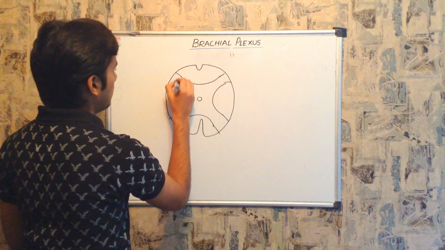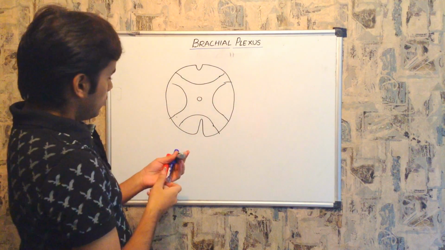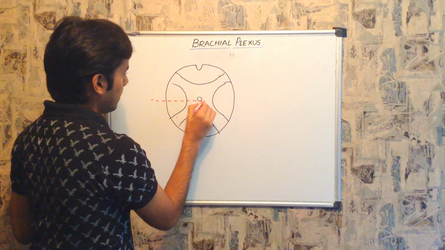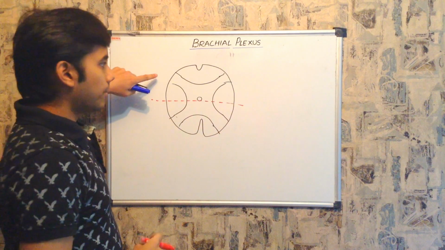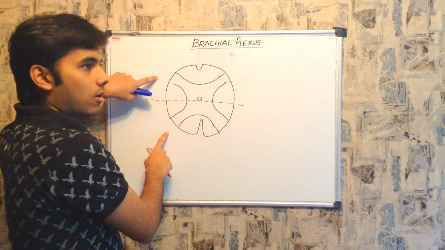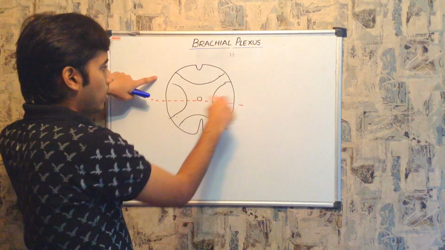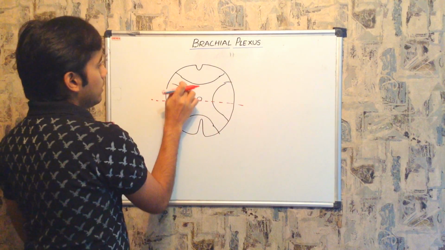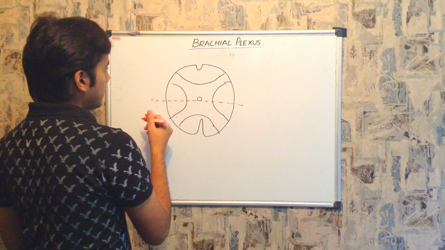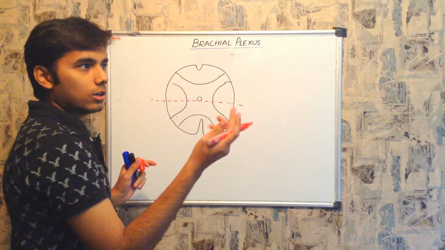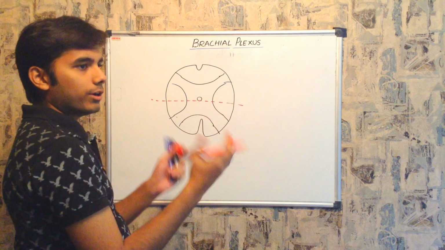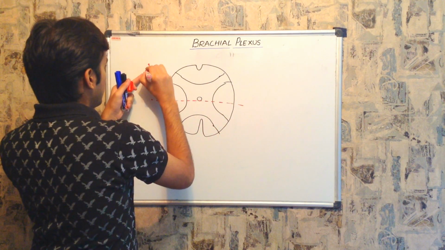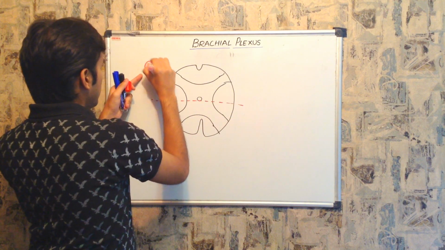When you imaginarily divide the spinal cord into two segments, this is the posterior part of the spinal cord and this is the anterior, or we can also say this is the dorsal part and this is the ventral part. The neurons present in the dorsal part are called sensory neurons. The dorsal root ganglion, or the cell body of the sensory neuron, is present in the posterior cord here. So this part is called the dorsal root ganglia.